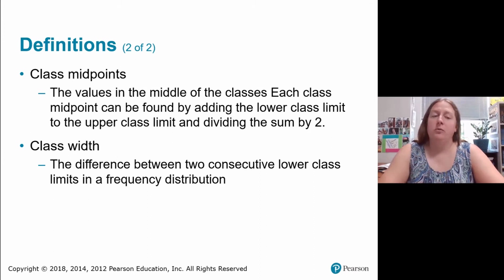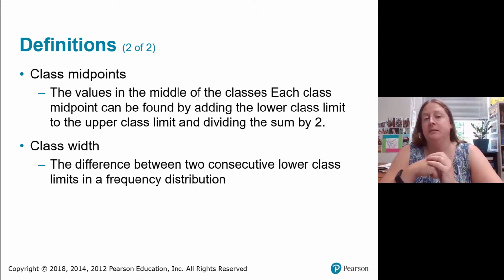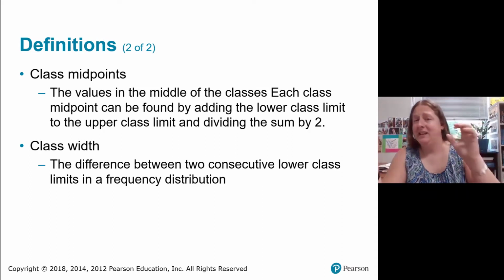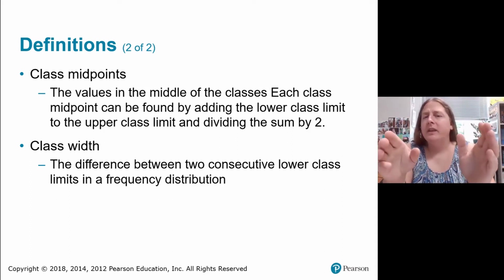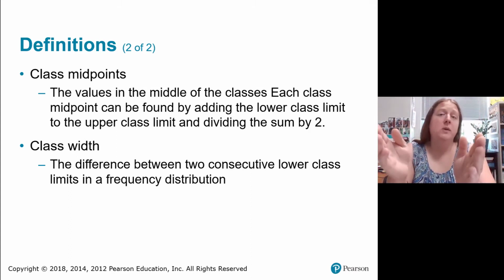The second one, which we'll use to decide about making our frequency distribution, is a class width. The class width is the difference between two consecutive lower class limits. It's also really tempting here to take the upper minus the lower and say that's the width. But if you think about it, say we're looking for the distance between the number 2 and 4.